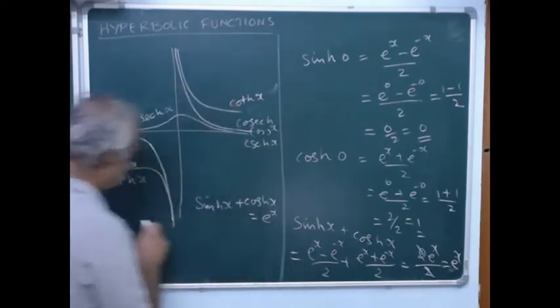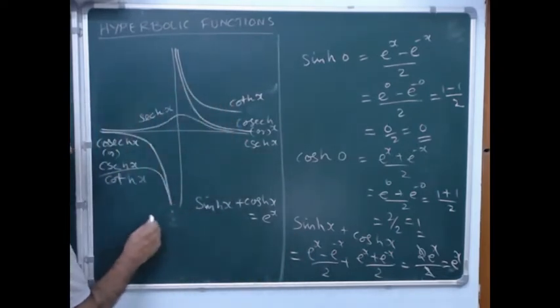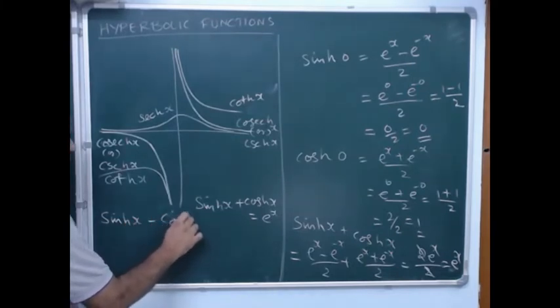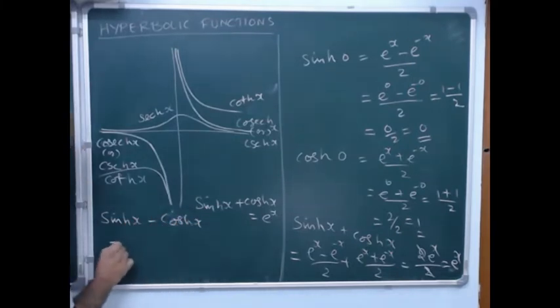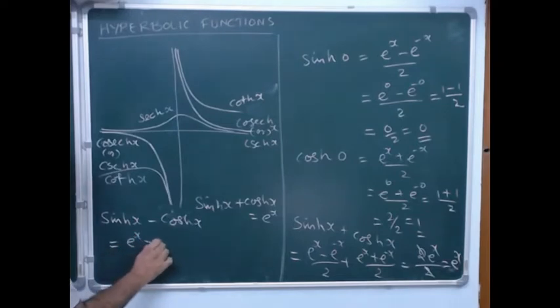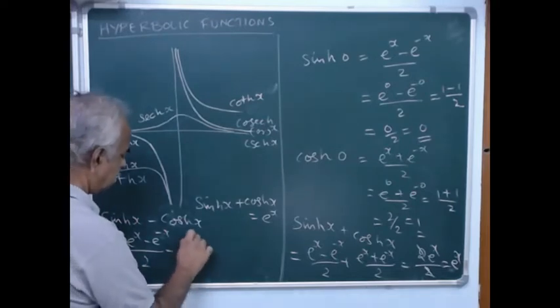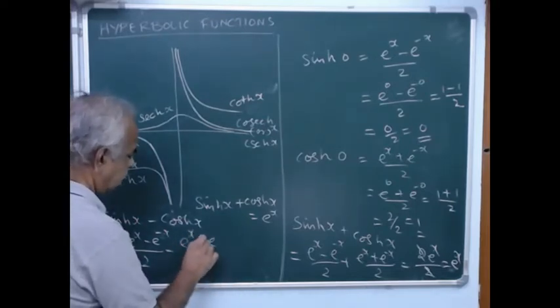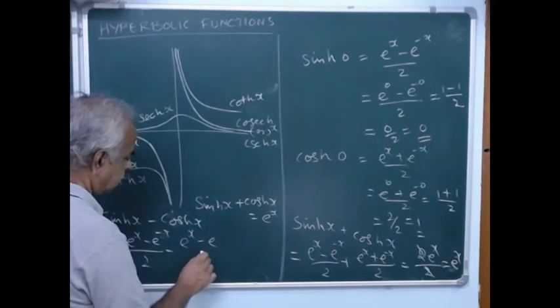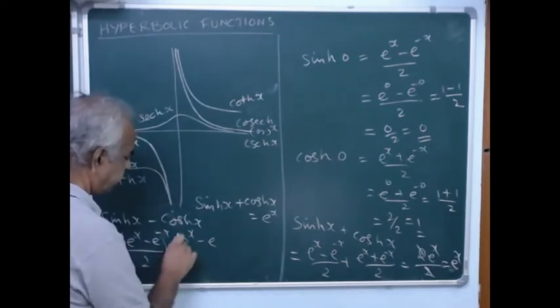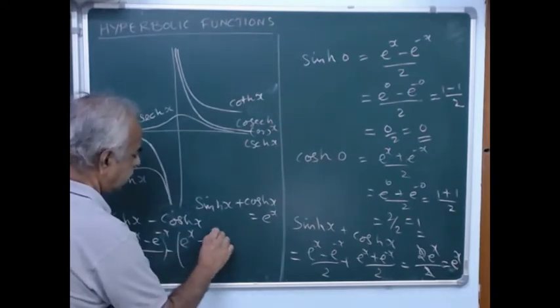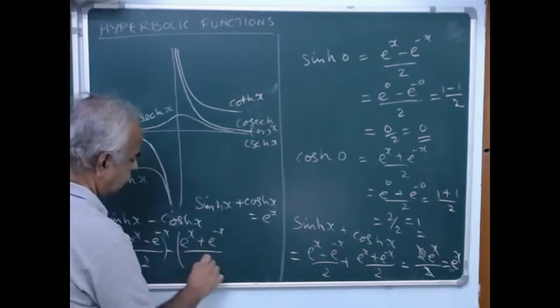Now we try to find out the relation for sinh x minus cosh x. So that is equal to e power x minus e power minus x whole divided by 2 minus e power x plus e power minus x whole divided by 2.